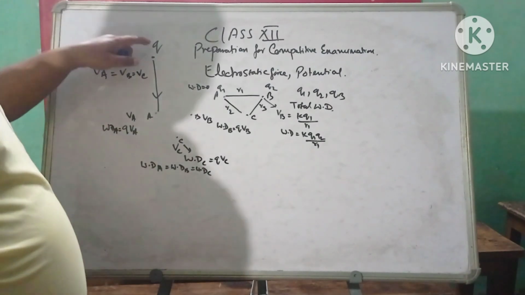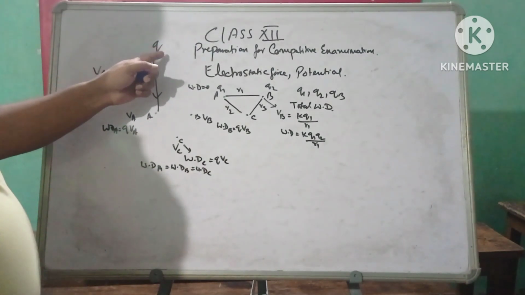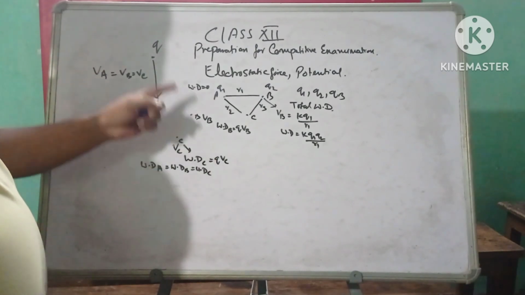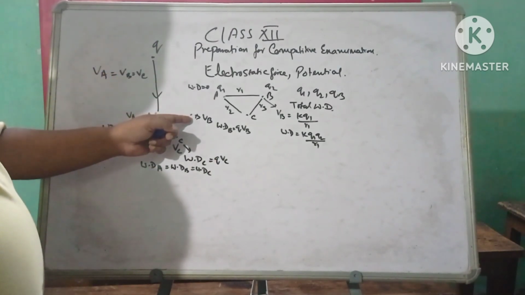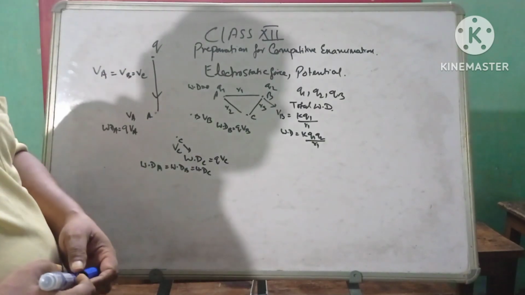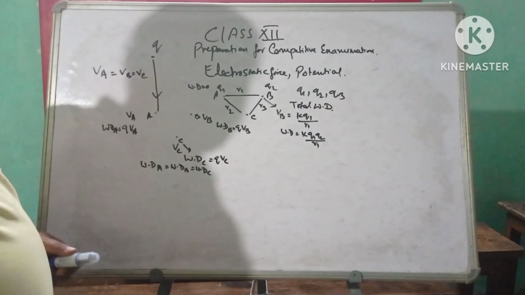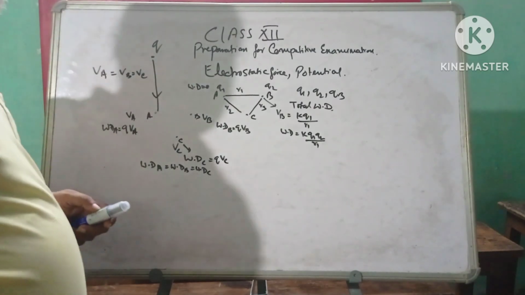Now when you bring this charge Q to here, your work done will be this. When you bring this charge Q to this, your work done will be this. And when you bring this charge to B, your work done will be this. Since your potentials are the same, your work done is equal. So this is how the questions are formed. Now again, let us take another example.